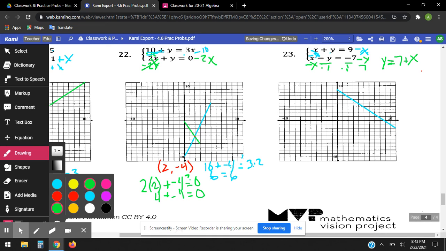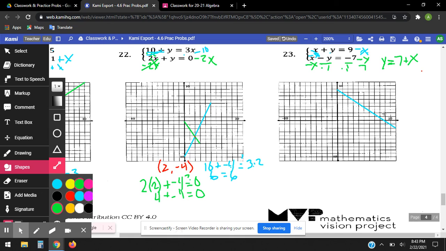That negative turns all those negatives positive when we divide. So for the green, I'm going to start with 7. So 1, 2, 3, 4, 5, 6, 7. Good. It should be 2 lower than that. And then I'm going to do a plus x, so it's a positive up 1 over 1.